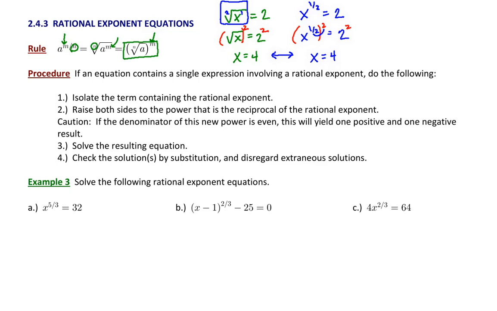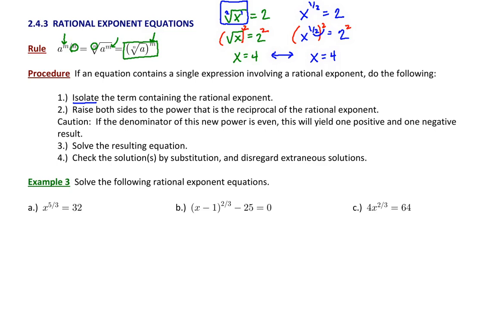So here's the procedure. If an equation contains a single expression involving a rational or fraction exponent, do the following. Number 1, isolate the term containing the rational exponent. Remember when we were solving radical equations, our first step was to isolate the radical, right? Then number 2, raise both sides to the power that is the reciprocal of the rational exponent.